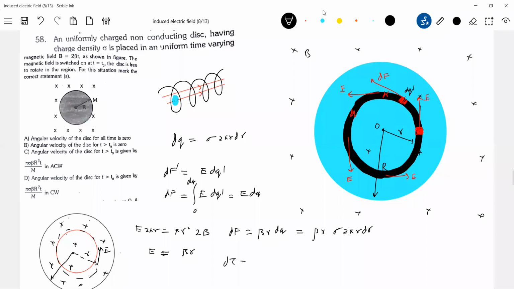The torque acting on that elemental ring, d tau, should be equal to df into r. So beta r sigma 2 pi r dr into r. Then everything will be 2 pi sigma beta r cube dr.